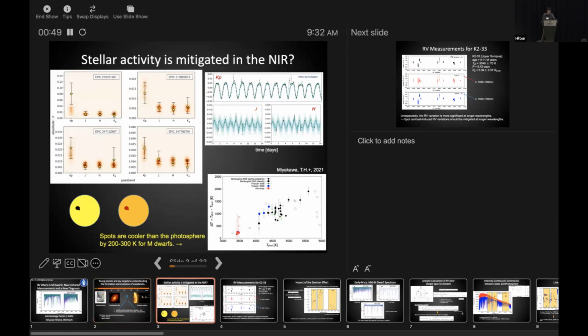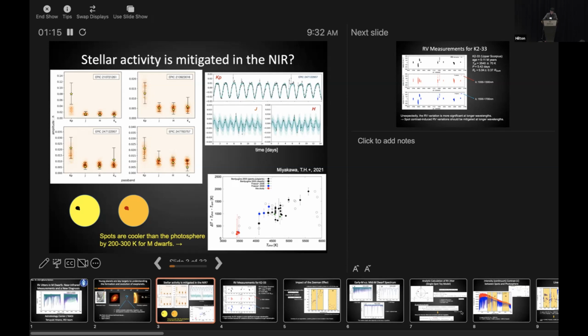It is often said that stellar activity is mitigated in the near infrared. Actually, this is partly true. For example, we investigated the photometric stellar variability by observing some M dwarfs. Here we conducted multi-band photometric observations in the near infrared for some K2 M dwarfs.